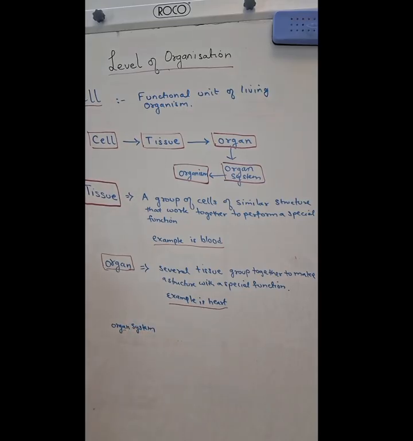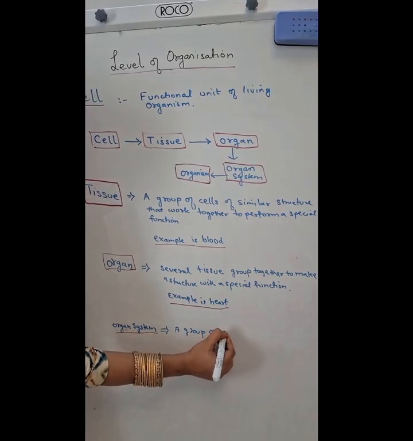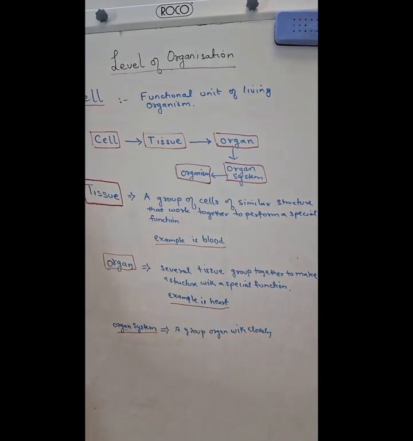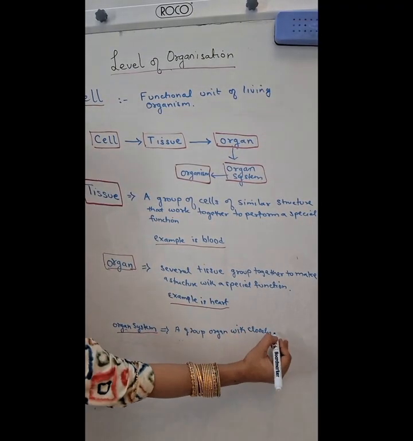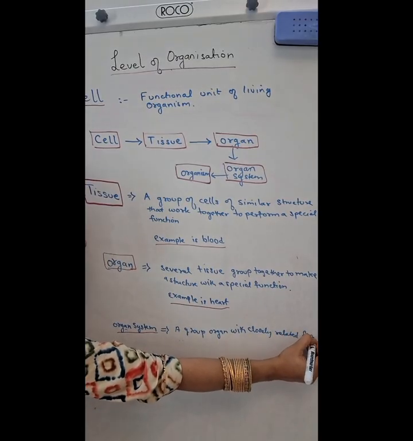Okay. Now, what is organ system? A group of organ with closely related function.